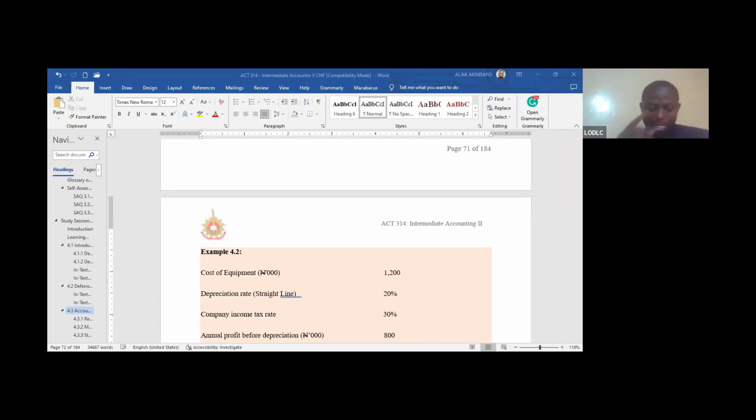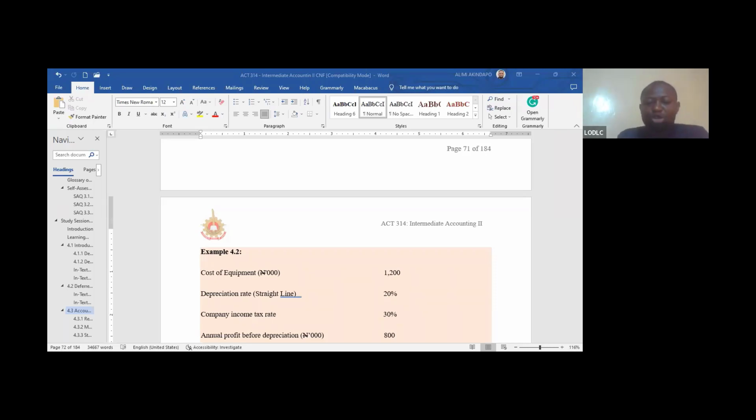Let me re-explain. We have a company, and that company uses a particular method to calculate their depreciation. And when the documents of that company are submitted to the tax authority, they use another method in calculating that depreciation. The depreciation method affects how much the charges will be for each accounting period, and these charges can be used to claim capital allowance.